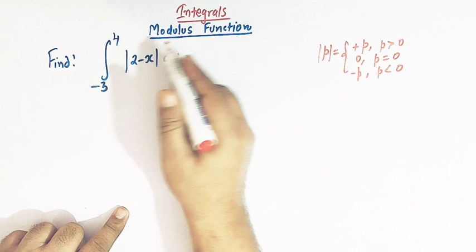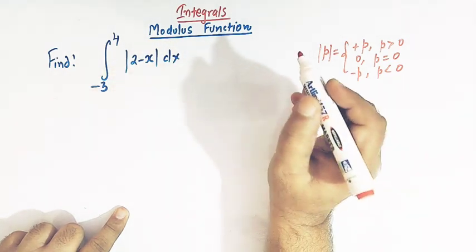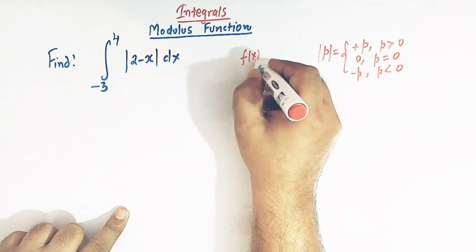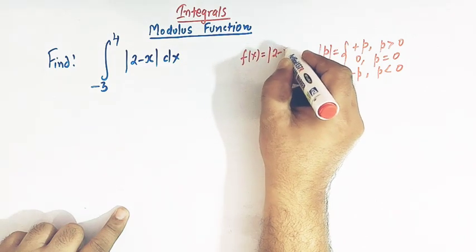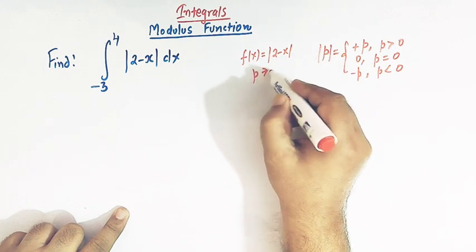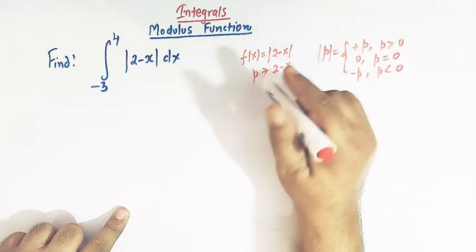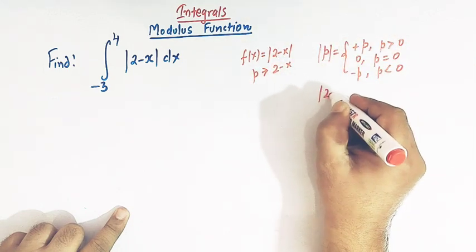Now here our integrand is mod of 2 minus x, right? So let us take f of x as mod of 2 minus x. If we take p as 2 minus x, then see how mod of 2 minus x can be defined.